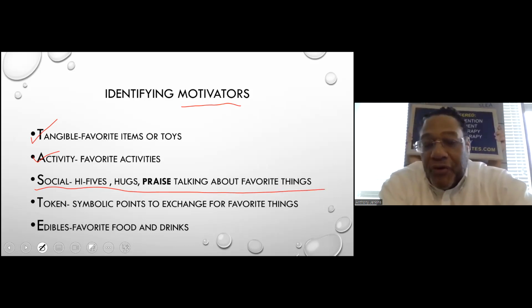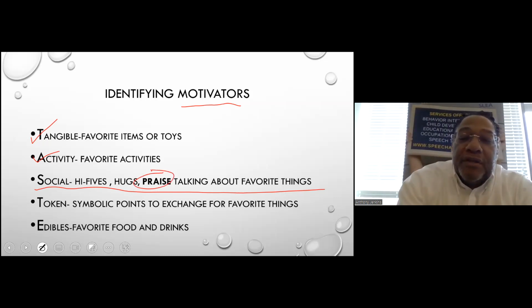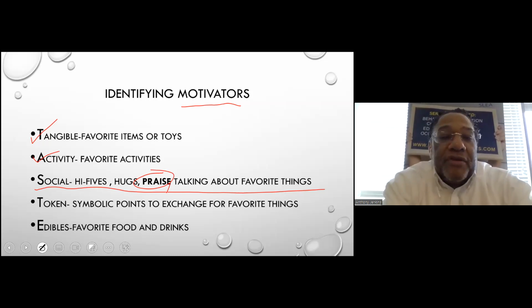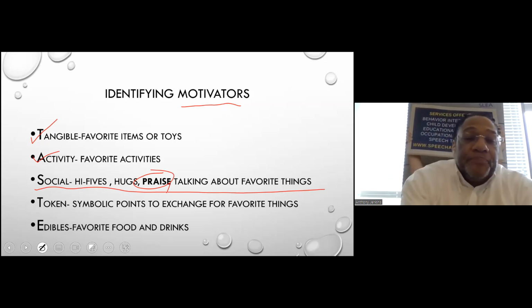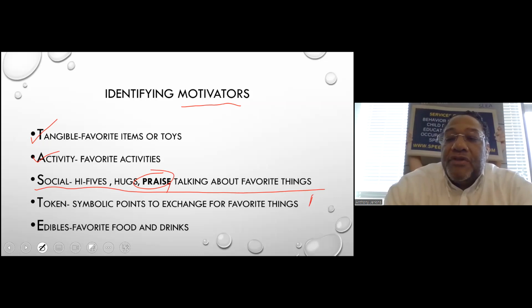social motivators, social reinforcers, high fives, hugs, and the big one, praise. And then talking about our favorite thing. Sometimes you can motivate a kid by just giving them your attention to talk about things. Now, talk also about tokens, symbolic points to be exchanged for favorite things, giving kids stars.